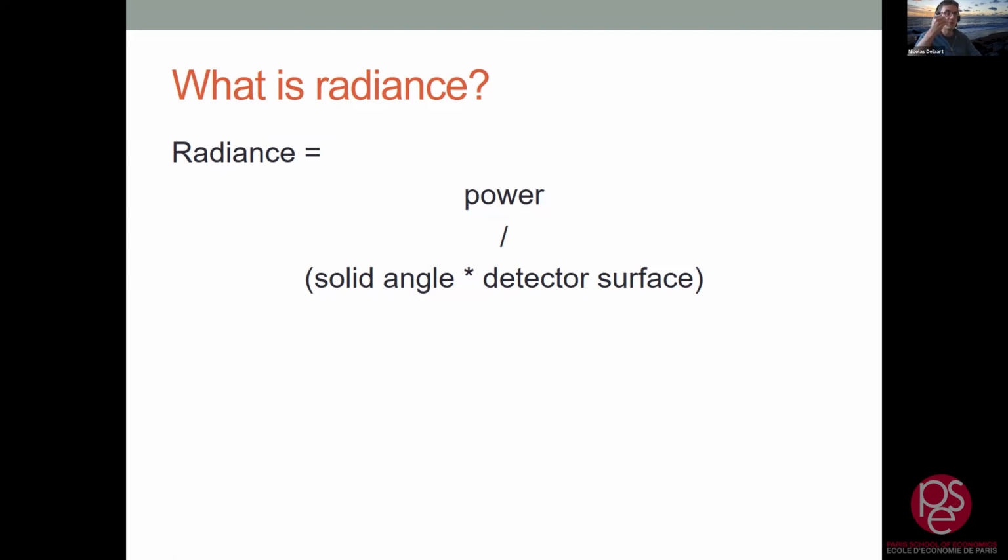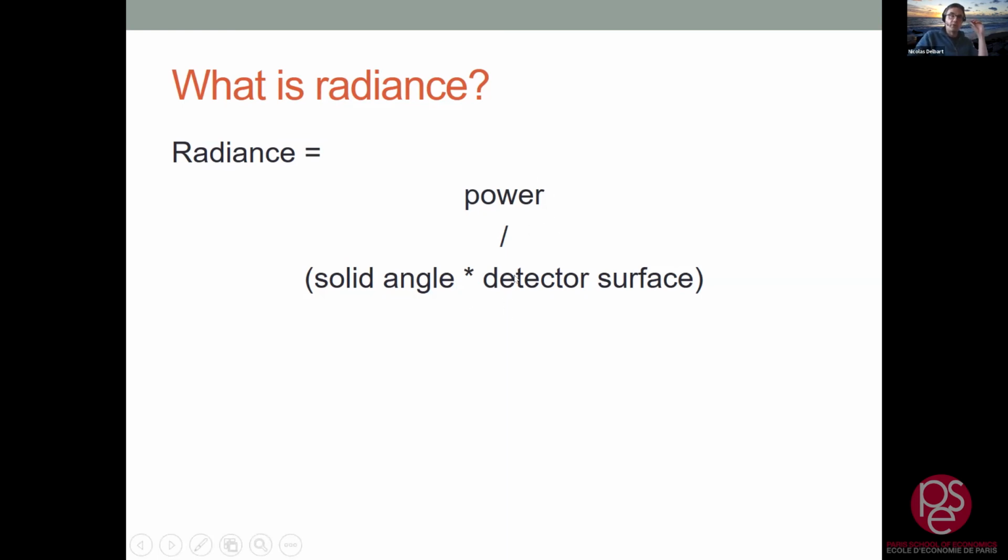Radiance is another normalization. It normalizes the power that is measured by the detector by the solid angle of the optical system and by the surface of the detector. Why? Because if the detector is big, it will receive more photons, so more energy, so more power.